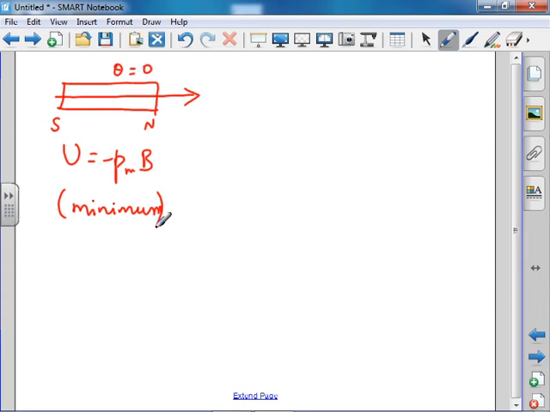Then when it will be maximum? When it is aligned anti-parallel to the external magnetic field. The external magnetic field-ோட direction is it.